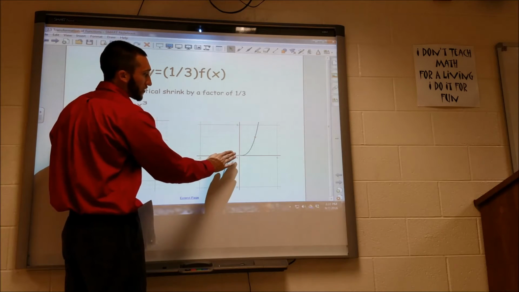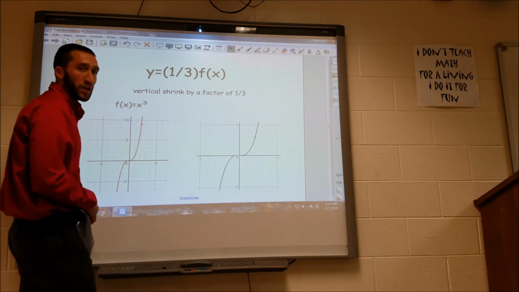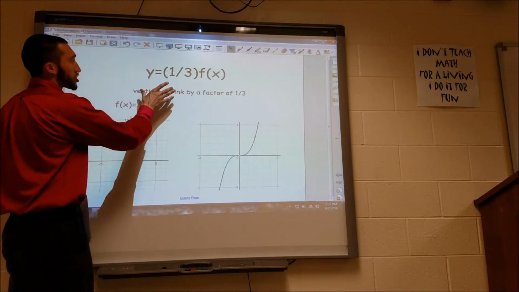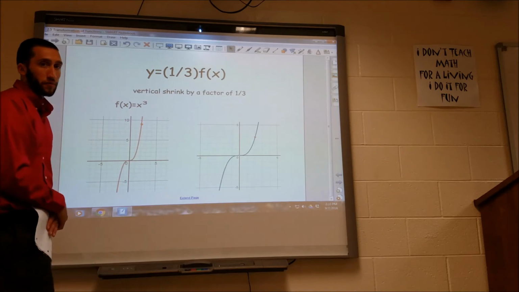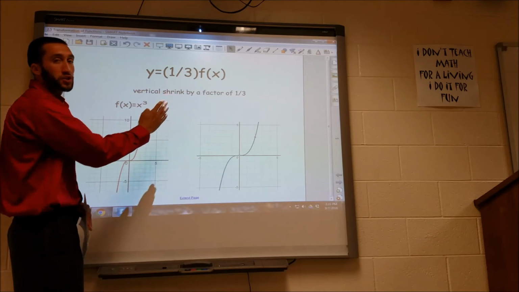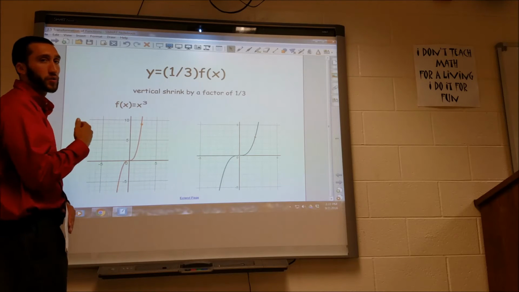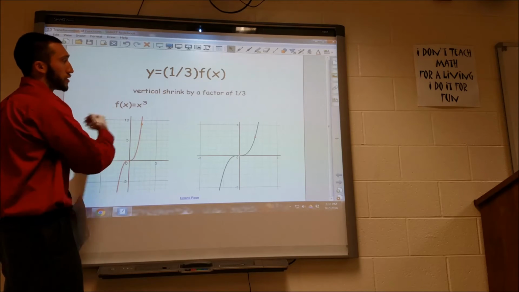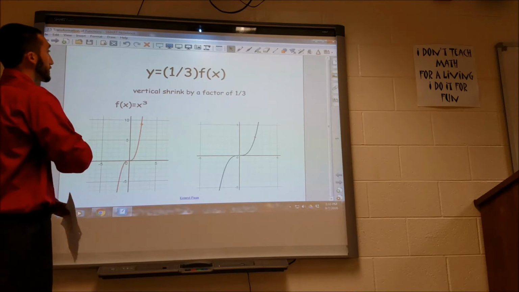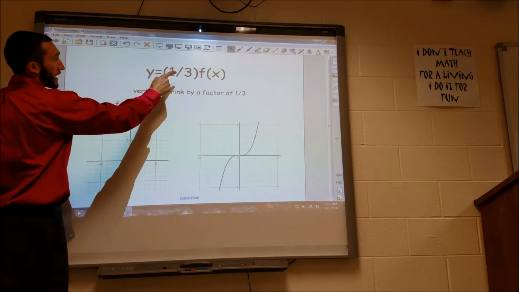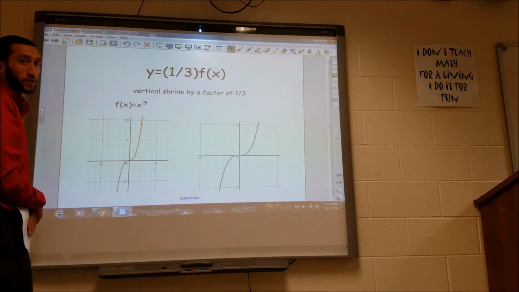But over here, we can see that when x equals 2, y only equals 3. So it's shrunk by a factor of 3. It's going up much slower now. The other one was going up much quicker. We call it a stretch. This one, a shrink, vertical shrink. And that's, again, when it's on the outside of our function.